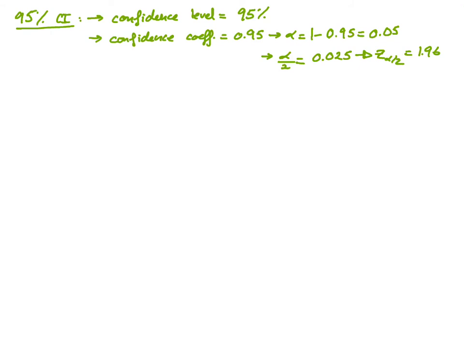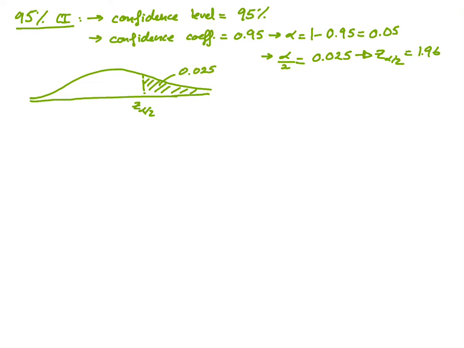Let's see how we found 1.96. Again, you want to draw the standard normal distribution, and we're interested in a z value such that the area to the right of it is alpha over 2, which in this case is 0.025.